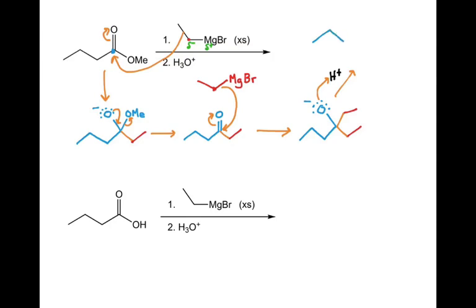Here's the electrophilic carbons, that C double bond O has now become an OH, and our nucleophile has added twice. So with an ester, we get out now a tertiary alcohol.